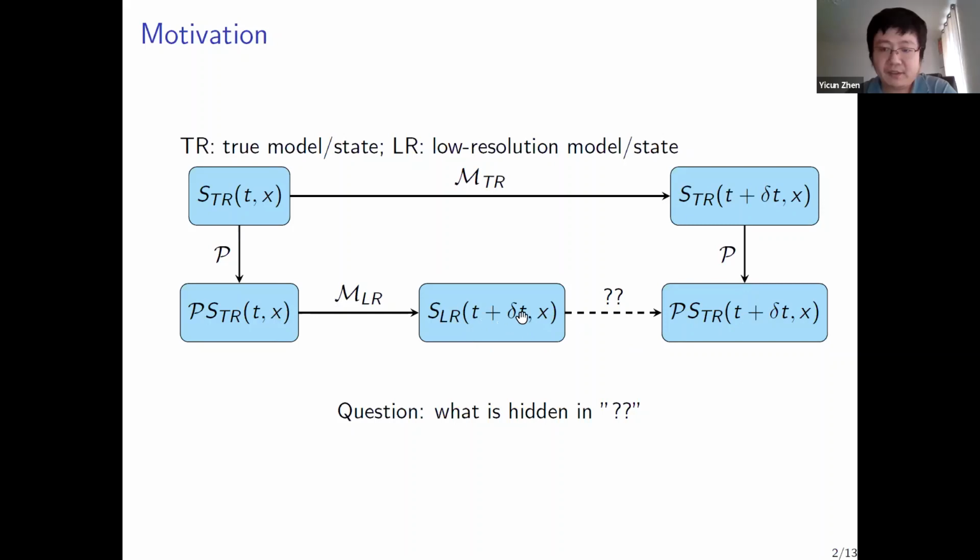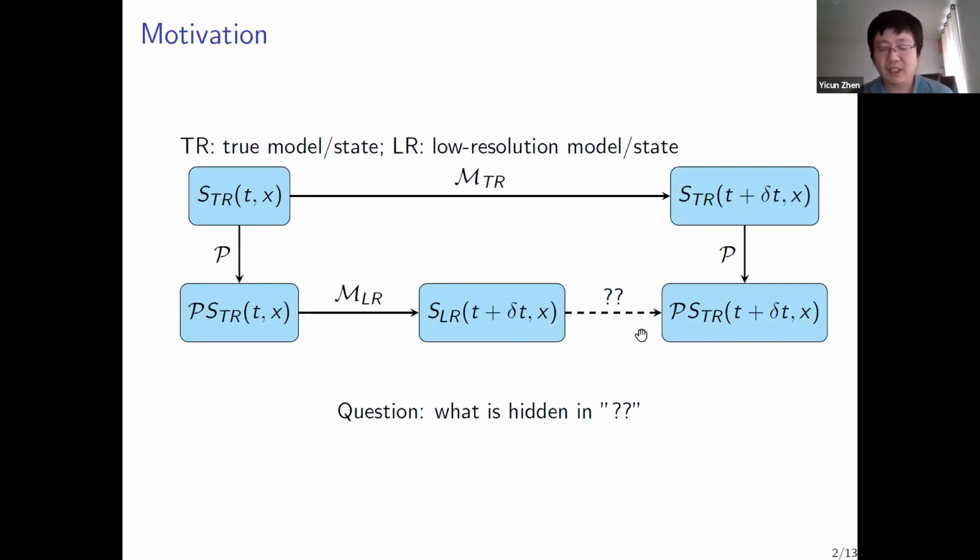So now we compare S_LR at t plus delta t with S_TR at t plus delta t. Of course there will be a difference. So the question is, what is the difference? Here I marked it by a question mark. What is the difference between the low resolution forecast and the true forecast projected to the low resolution space?